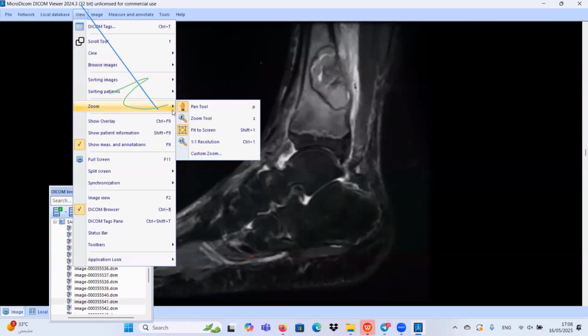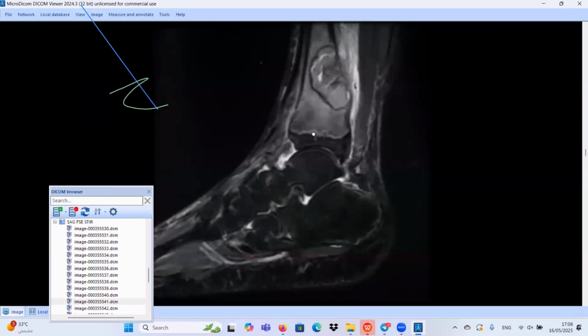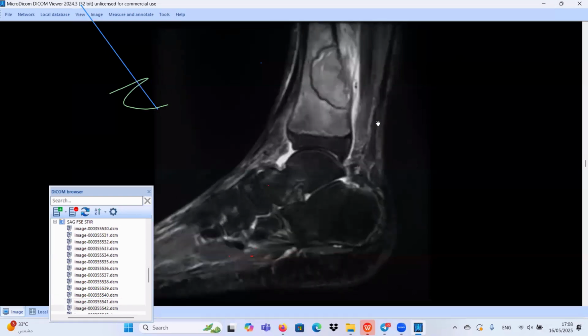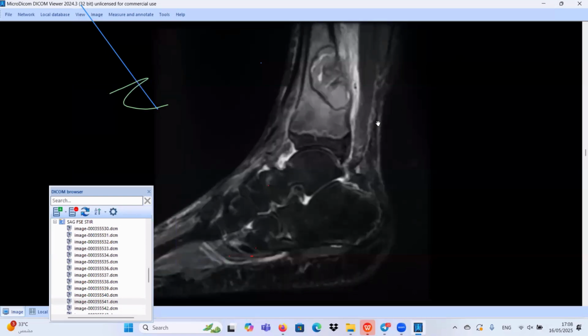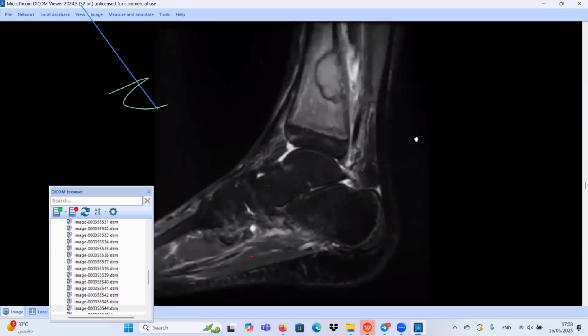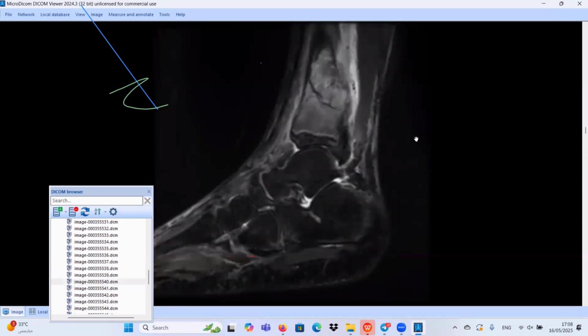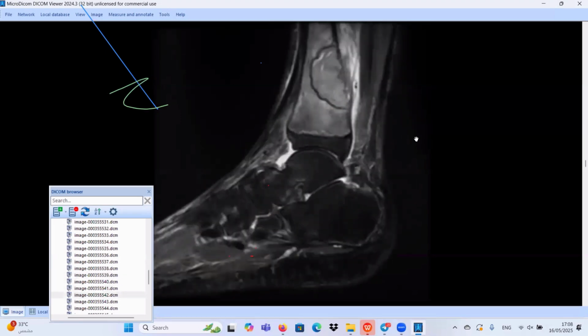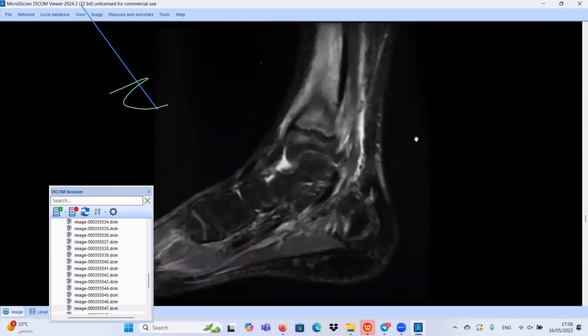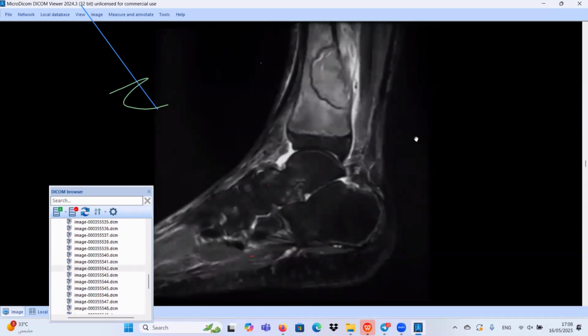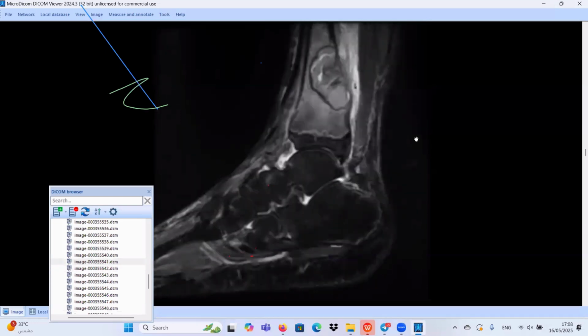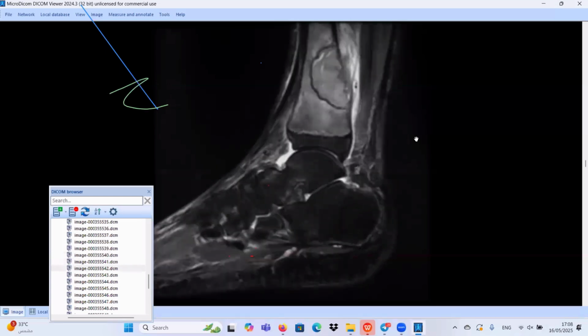So on MRI T2 fat-suppressed image, I can see a well-defined low-intensity rim, which represents the sclerotic area we already saw on X-ray, and there is heterogeneous signal, more intermediate signal, and a few areas of intense high T2 signal within it.